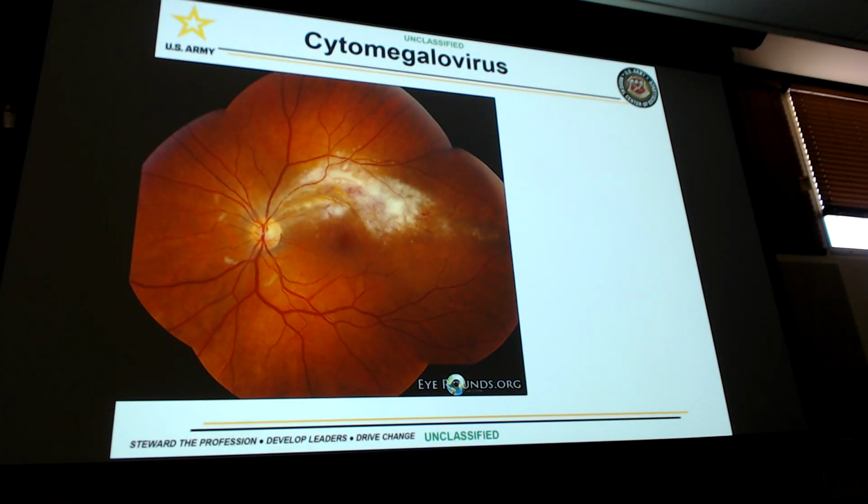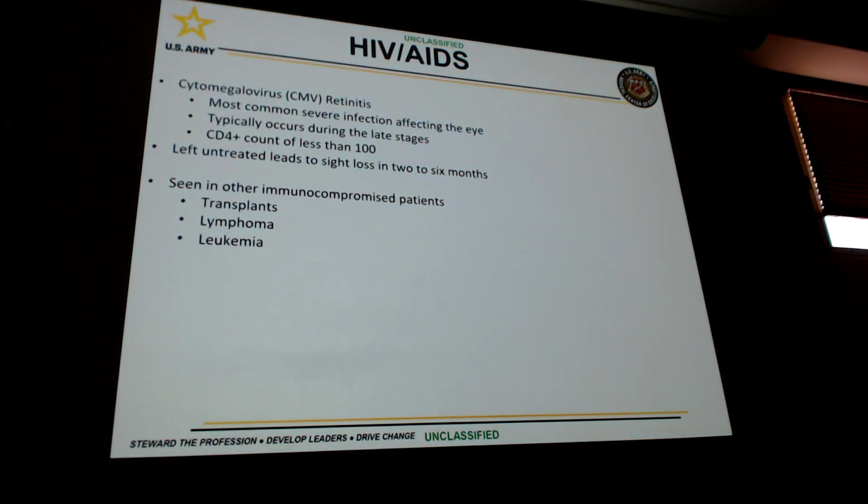Okay, cytomegalovirus, inflammation of that blood vessel there, that vasculitis, or lack of blood flow, is causing the retina to either swell or lose its blood supply, and it'll die. Okay, AIDS, also just probably not a good thing to have. Tougher to live life than if you don't have it.